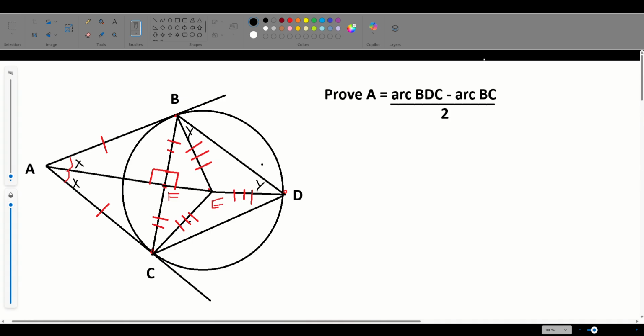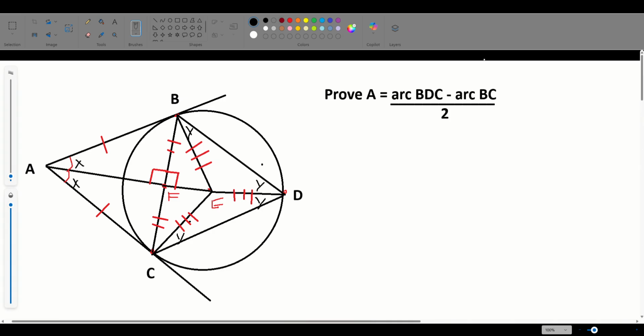And since it is perpendicular to BC, it must also bisect D. So this is Y, and since triangle CED is an isosceles triangle, this must also be Y. Note, however, that we cannot assume the angle right beside Y is also Y, because we don't know if segment BC is congruent to segment BD or CD, since the triangle congruence theorems are incomplete.